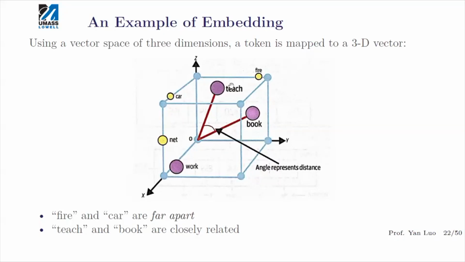Conversely, if 2 tokens like teach and book appear in the same document very often, we want them to be close to each other in this 3D space. So that's my goal.